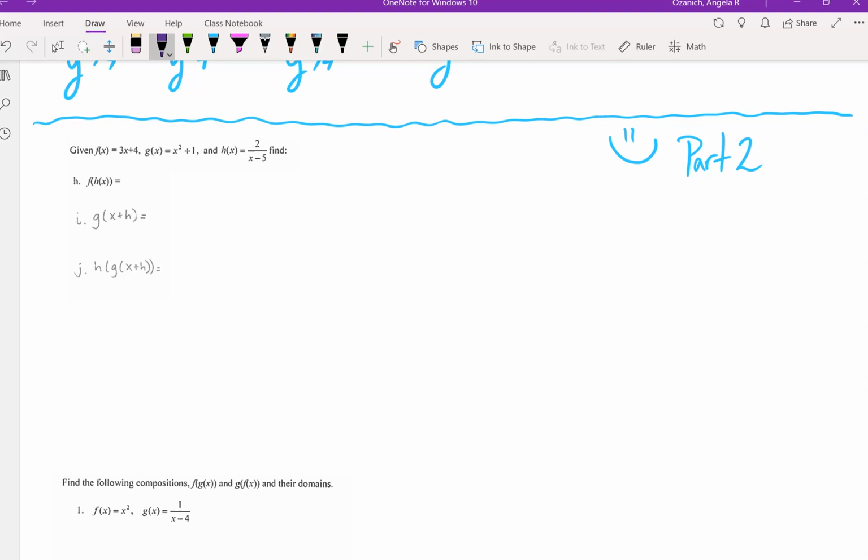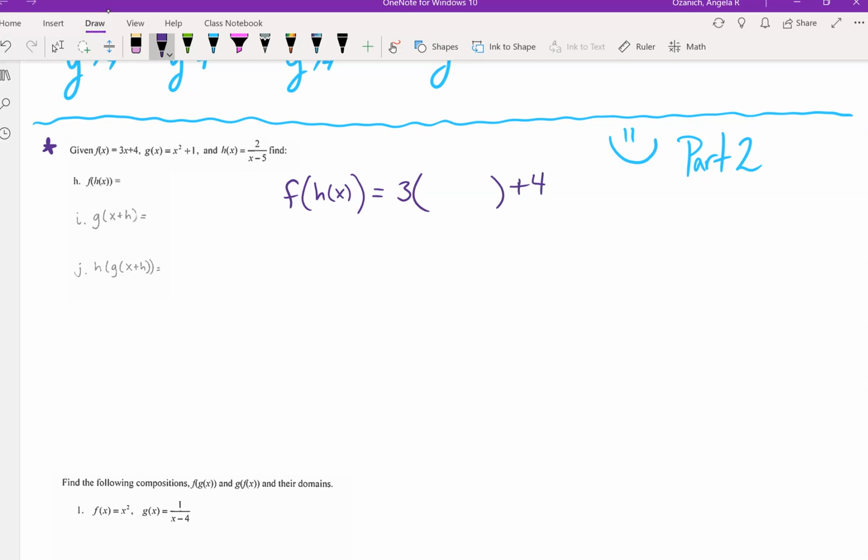So here you see that you have 3 different functions: an f of x function, g of x, and h of x function. And if you're trying to find f of h of x, we know that we're taking all of h of x and plugging it in anywhere that we see an x in the original outside f of x function.